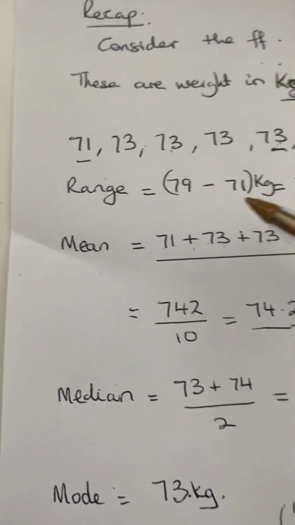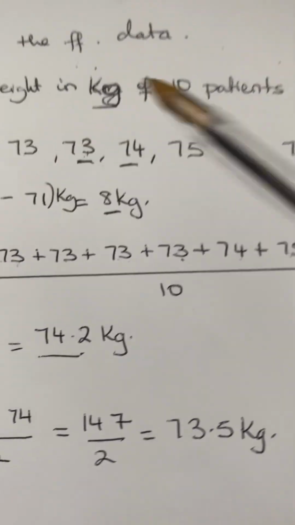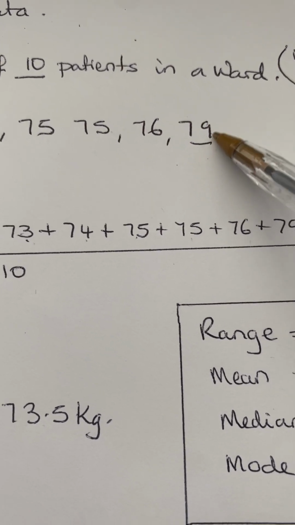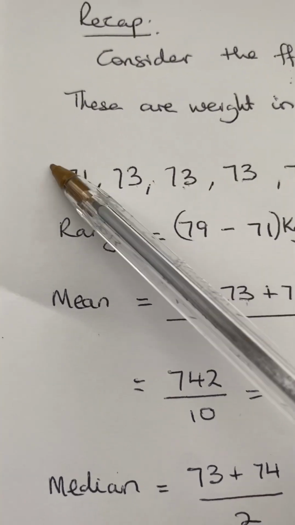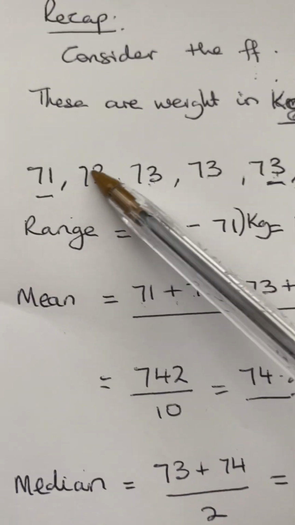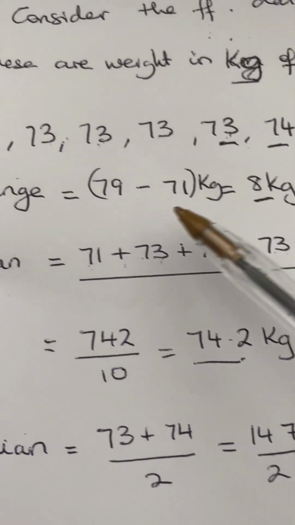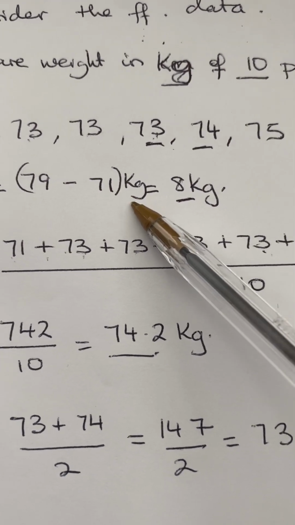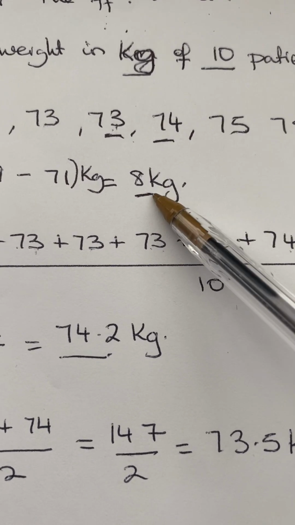So straight away, our range is the highest weight of the patient minus the lowest. So 79 minus 71 will be 8 kilograms.